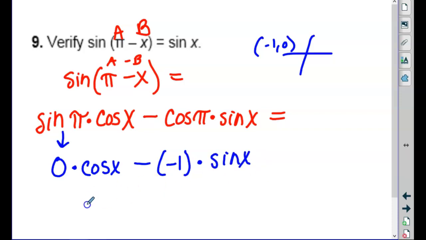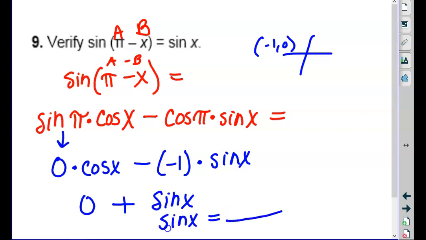Okay, what happens then? 0 times cosine is 0 or nothing. Minus -1 times sine would be positive sine. So you could have written 0 plus sine x or just sine x. Does that equal the right-hand side up here?